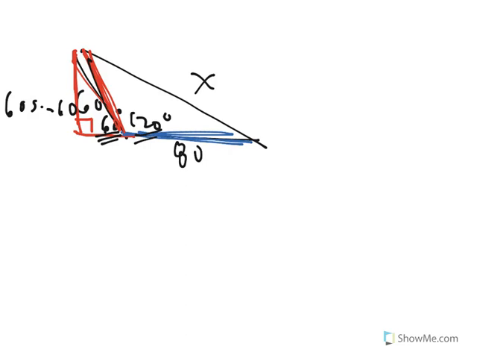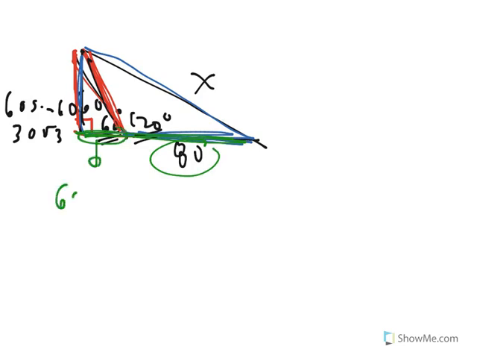Sine 60 is radical 3 over 2, so this is 30 radical 3. So that's the length of this side here. It's also the length of the side of this large right triangle. Now the other side of the right triangle, we know part of it is 80, but we've got this other piece. Well, that piece is hypotenuse times cosine 60, which is just 30.